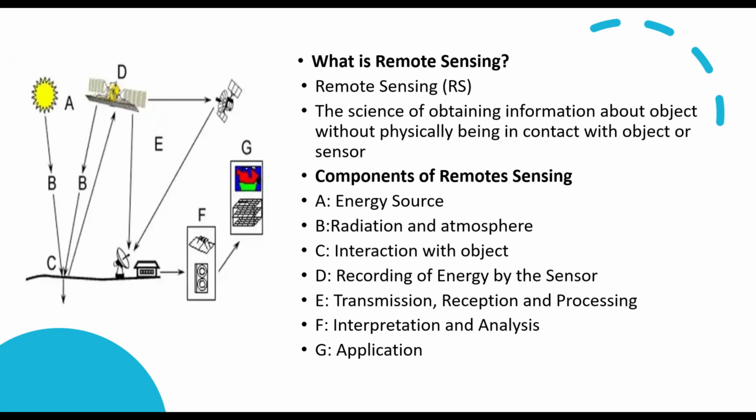Remote sensing, as the name indicates, remote meaning far away and sensing meaning observation. The science of obtaining information about an object without being in physical contact with the object or sensor is called remote sensing.